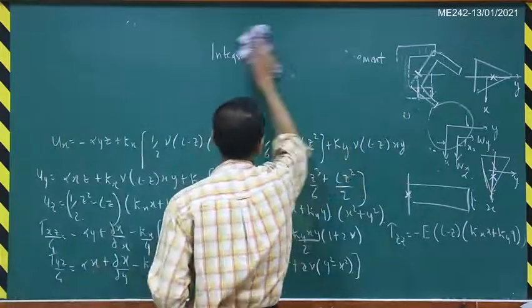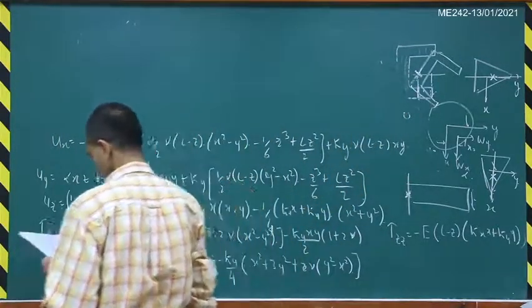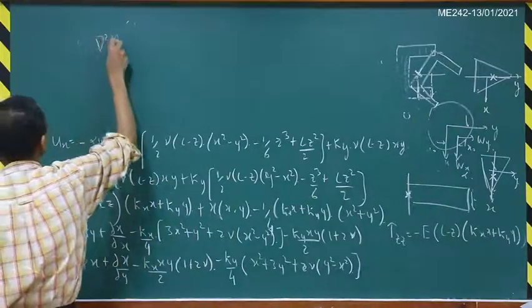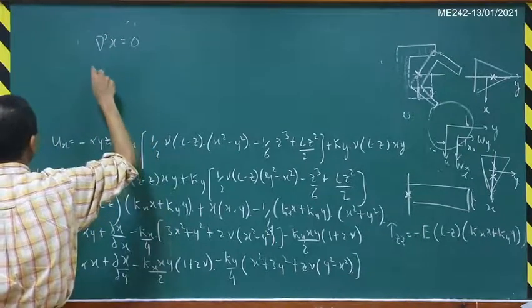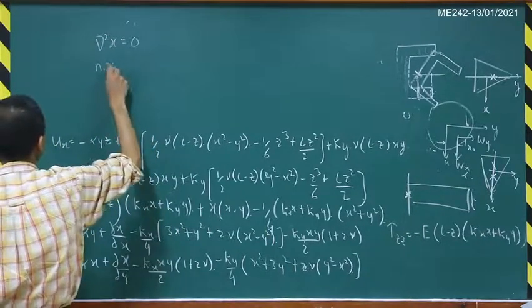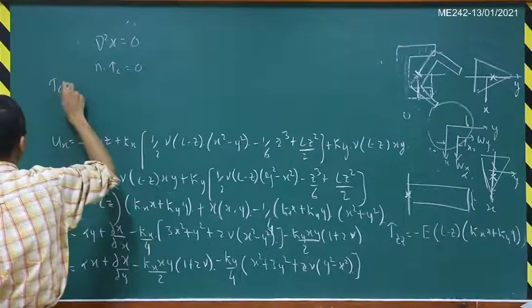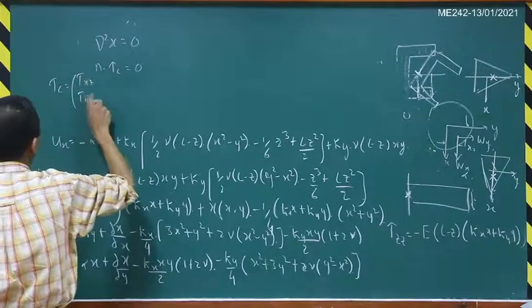So let us write that here. The governing equation is del square chi is equal to 0, and the boundary condition is n dot tau c is equal to 0, where this tau c is tau xz and tau yz.